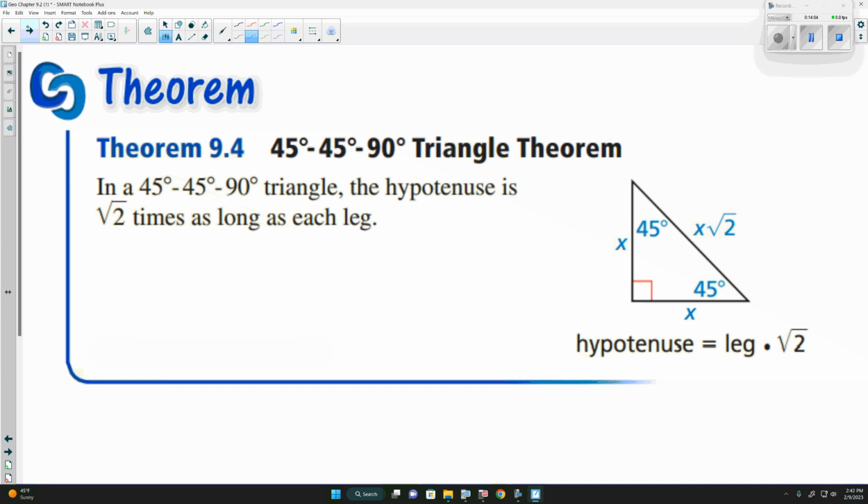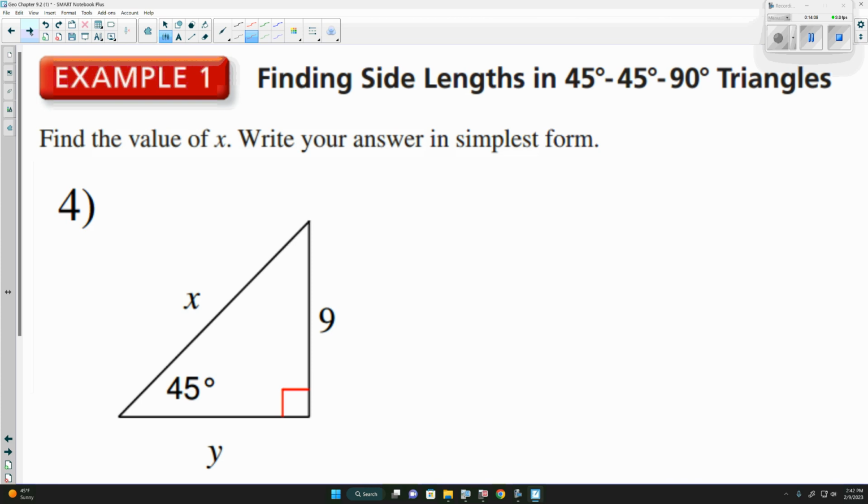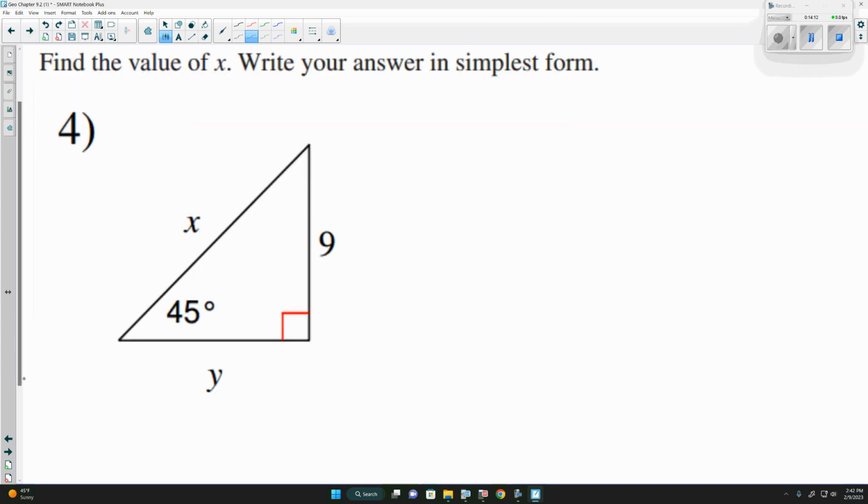And it works out that way every single time. So, what would the value of y be? And the value of x is? So y is 9, x is 9 square root of 2.